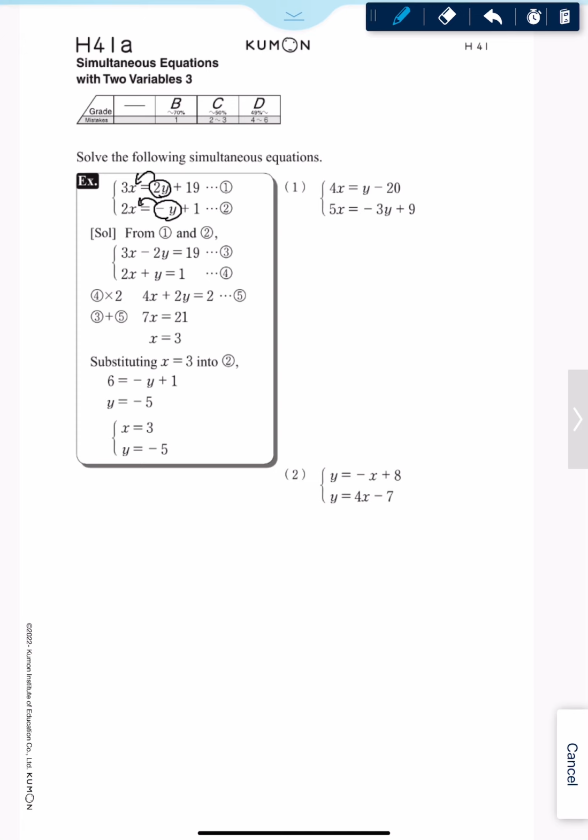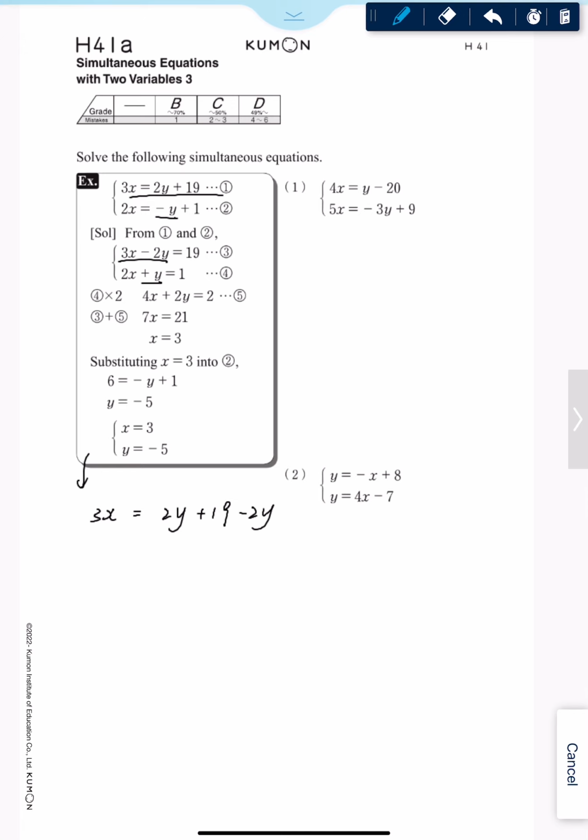So in this case, we have the positive 2y for equation number 1, so we're going to be subtracting it. And for the next one, we have a negative y, so we're going to be adding it. The idea here, let me show you guys in a very clear way, is that if I want to get rid of y on the right side, I need to subtract it.